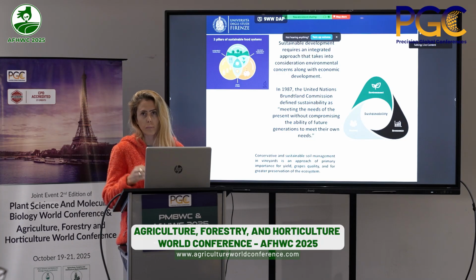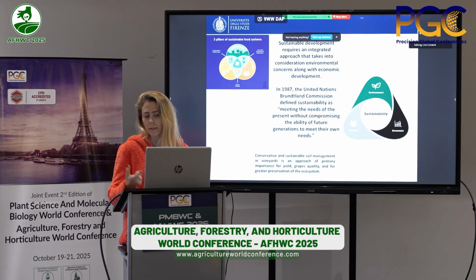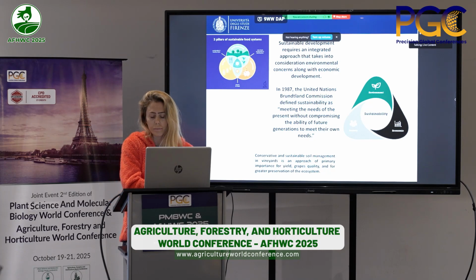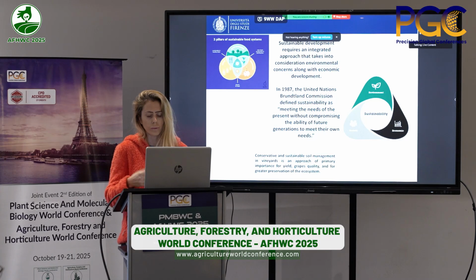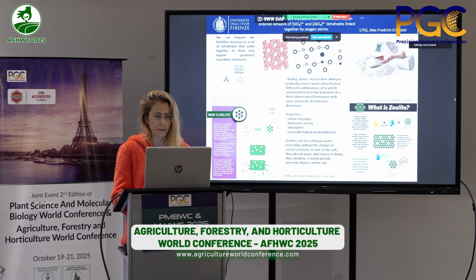This is the conservative, sustainable approach in agriculture in general, and in the vineyard it is of great importance. We have to think about the preservation of the ecosystem and give quality to the vineyard, but we have to have this sustainable approach.